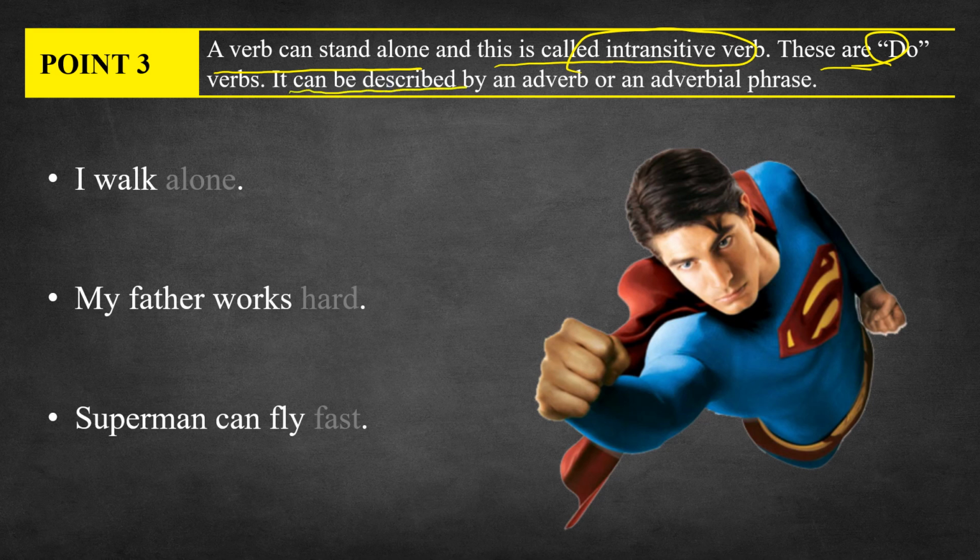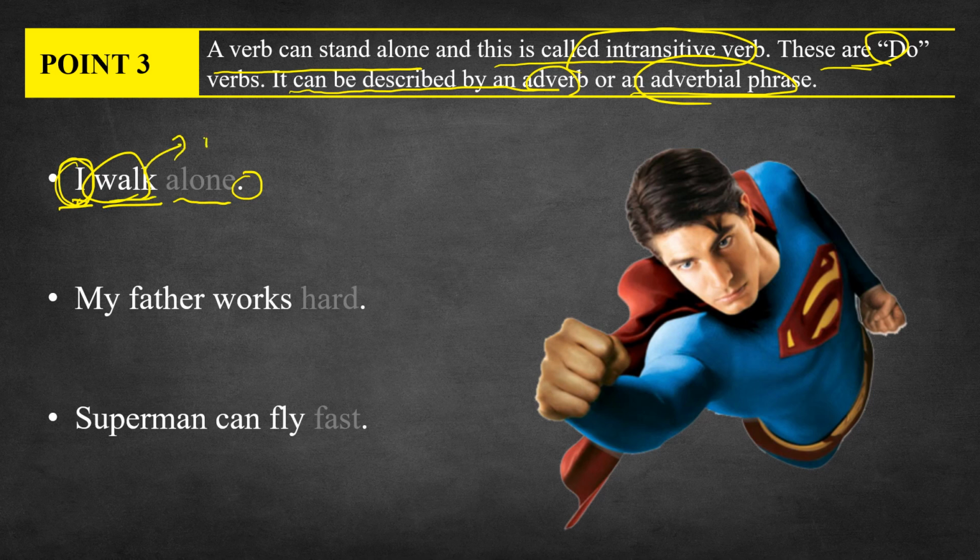It can be described by an adverb or an adverbial phrase. Subject, verb, capital, and period. Subject, verb, this is enough. But if you want, you can put alone. We call this an adverb. Anyway, subject, verb, that's enough.